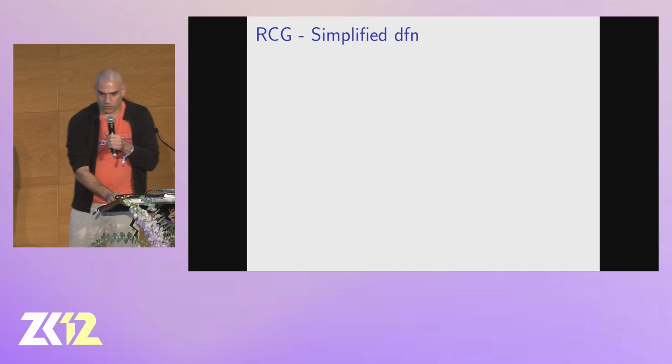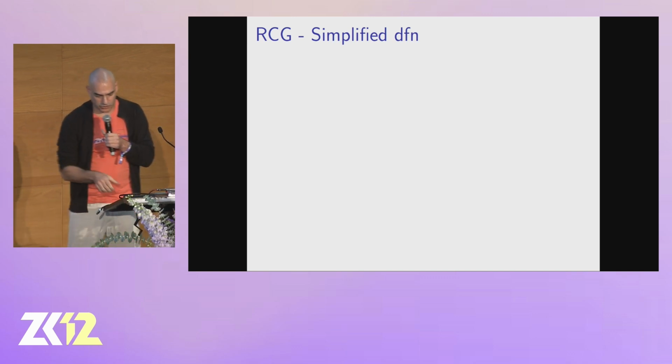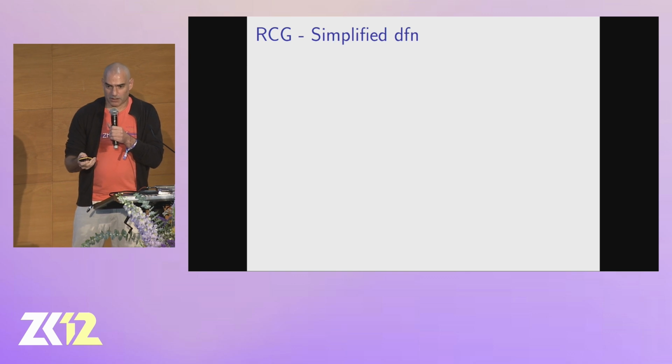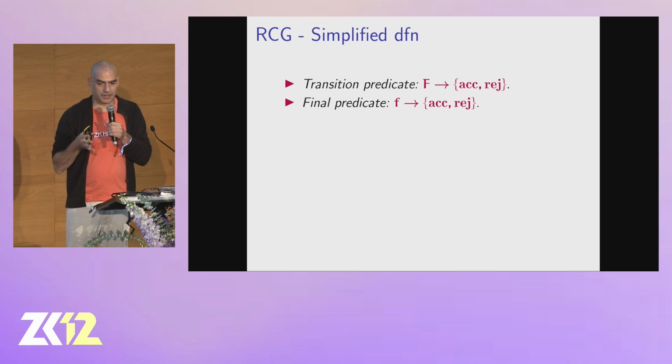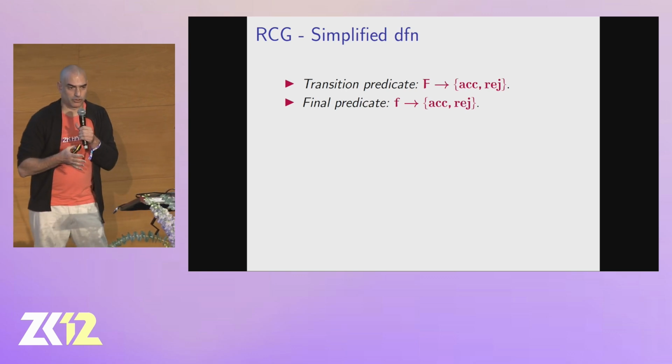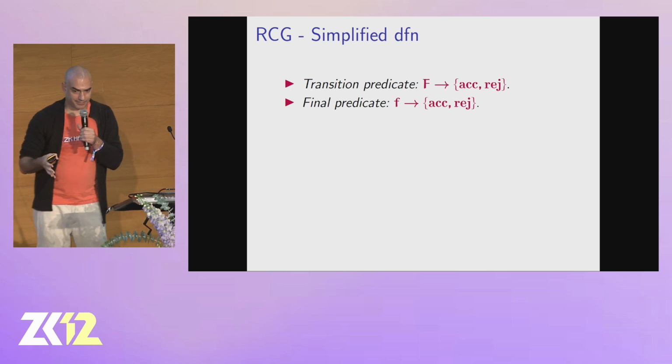So let me walk you through a simplified version of the actual definition. To define an RCG relation, we're going to have a transition predicate and a final predicate.